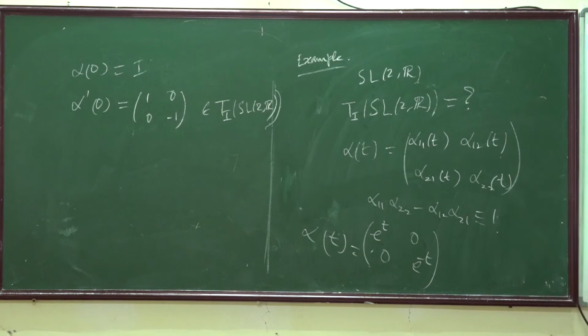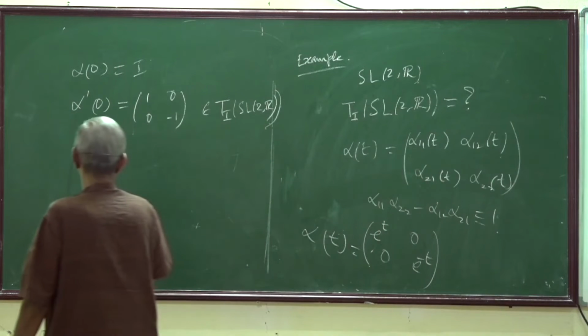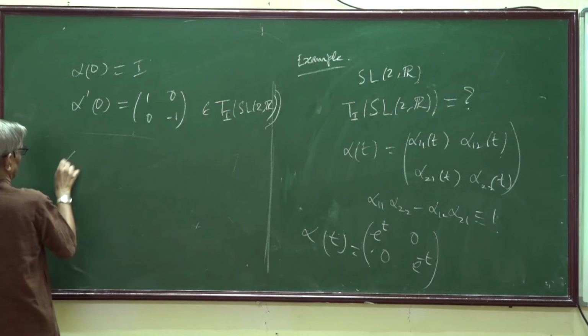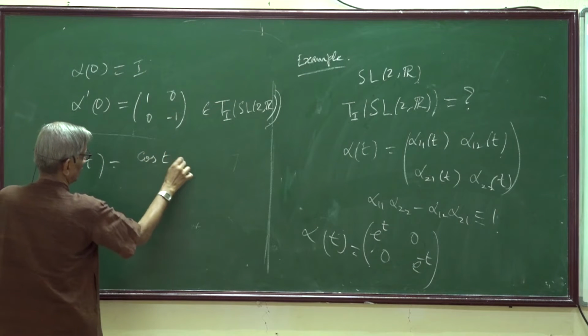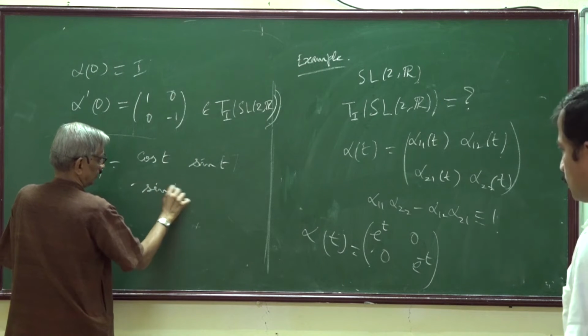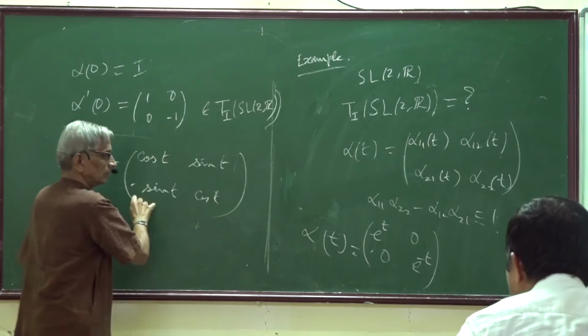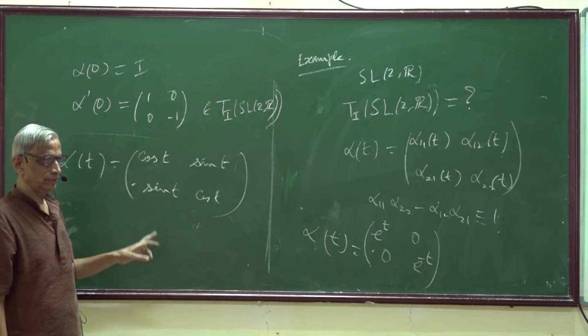Give me another curve. Rotation, right? Cos t, sin t, minus sin t, cos t. For this also alpha 0 is the identity.